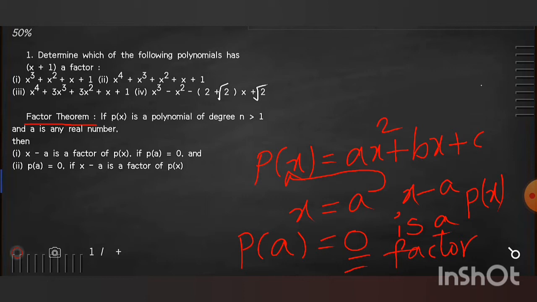So what we have to do is substitute a real number in place of x, and if the result obtained is 0, then we say that x minus that value is a factor of that polynomial. After taking this a to this side, we get x minus a. So we say that x minus a is a factor of p of x.